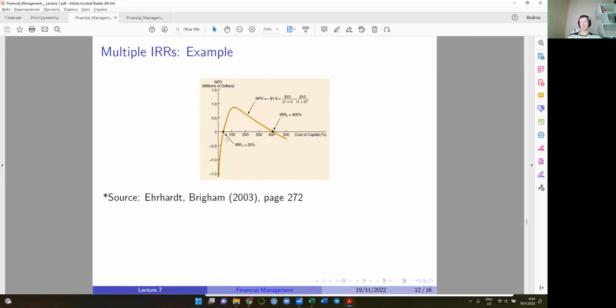Then it crosses the horizontal axis once at 25%, and NPV becomes positive only when the cost of capital exceeds 25%. Then it reaches its top somewhere around 100, or maybe 120, something like that. And then it starts to decline until 400.